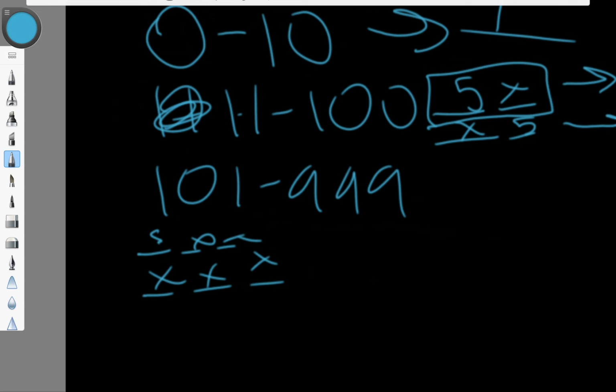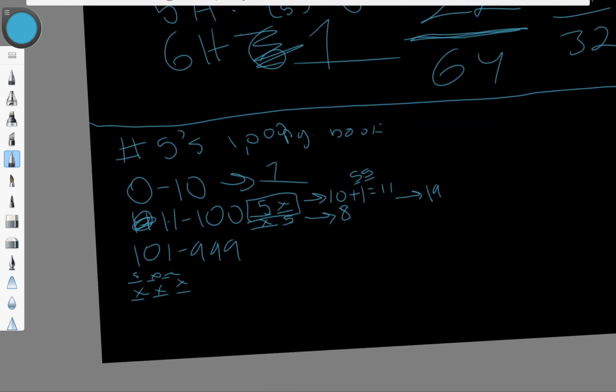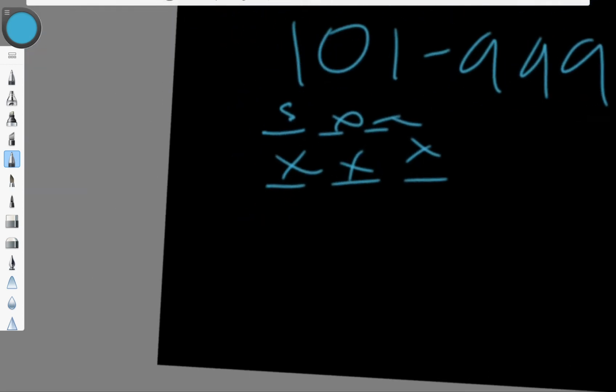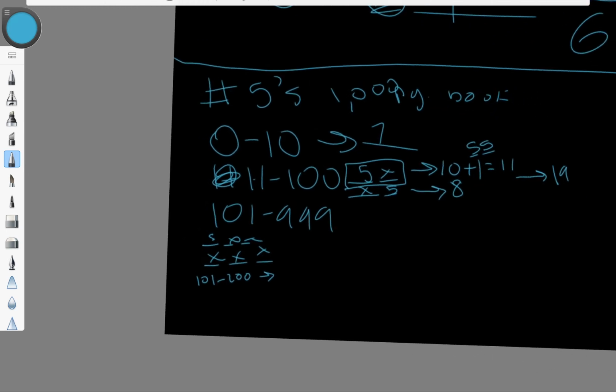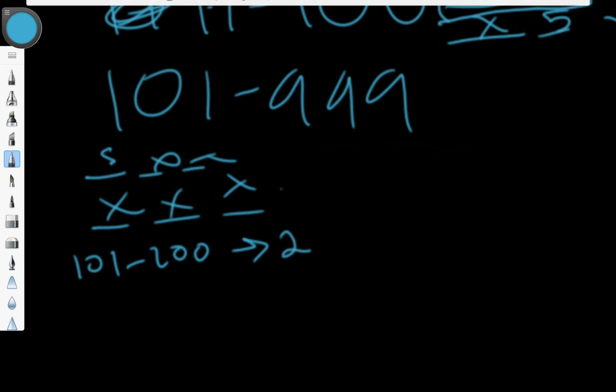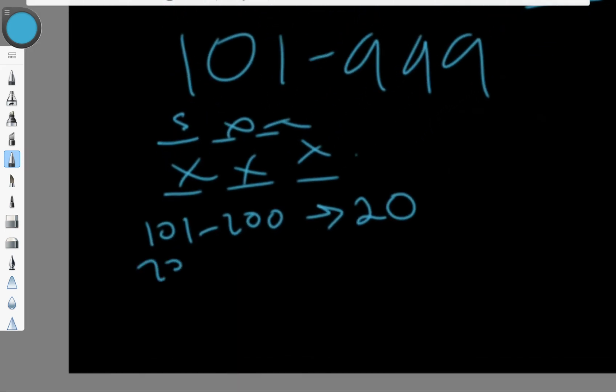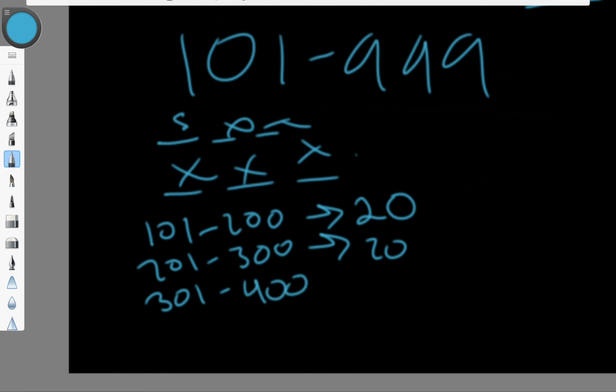How can we go about this? 101 to 200 is obviously going to have the same number of 5s as 0 to 100, because it's not affected by the hundreds digit. 0 to 100 is 1 plus 19, which is 20. 201 to 300, same thing. 301 to 400, same thing. 401 to 499, same thing.